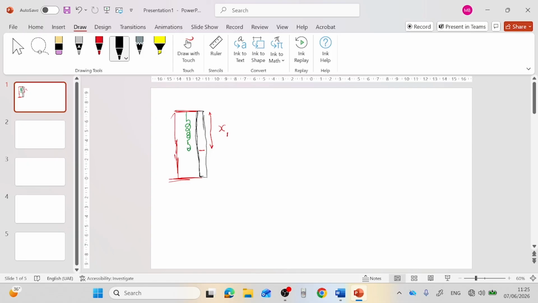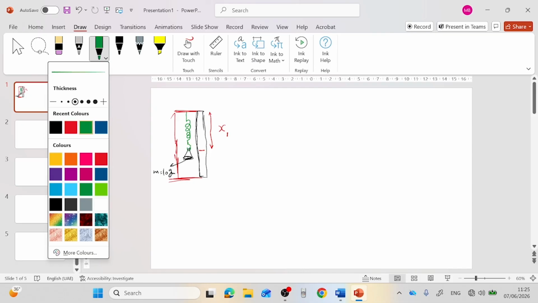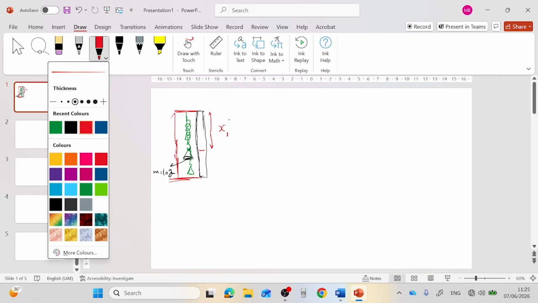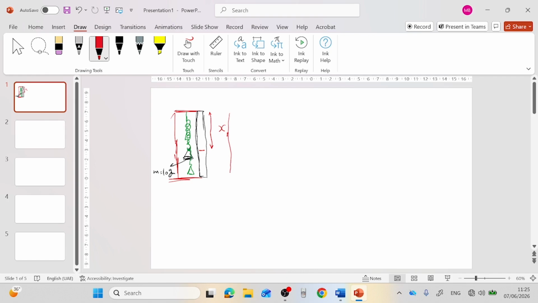After adding some masses, for example, a mass of 10 gram, of course, this spring will be stretched. So maybe this will be its new length till this part. So in this case, you will measure the length for the second time from the beginning to the new extension, and let's call it x2.